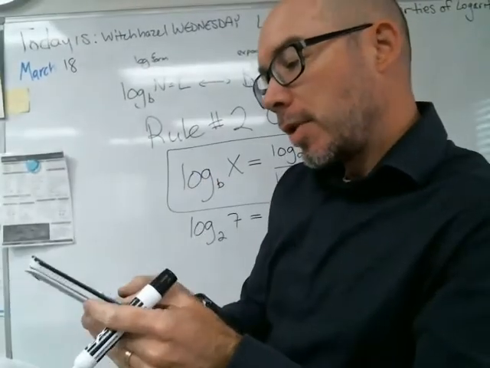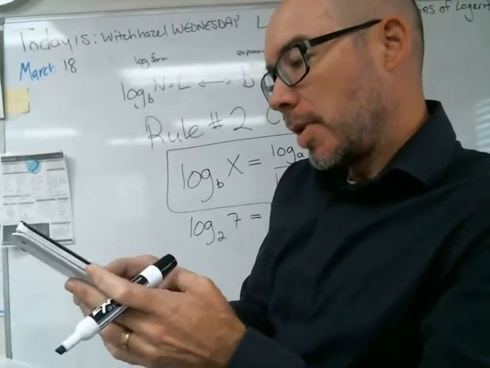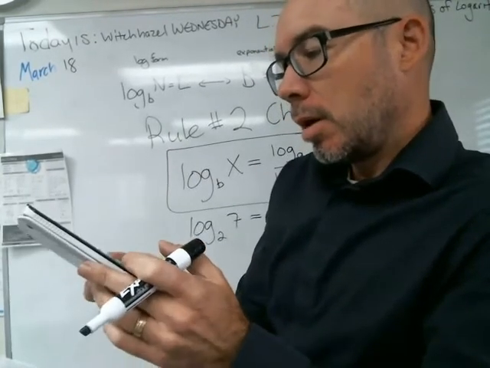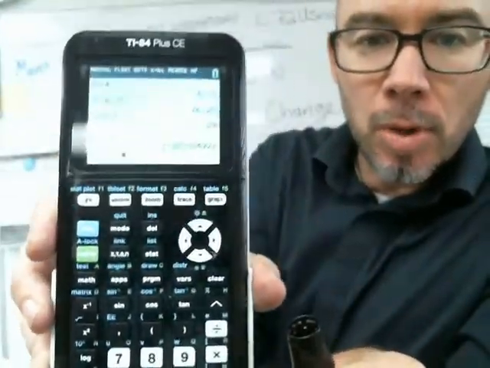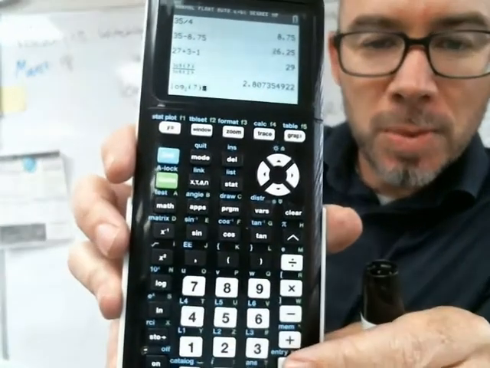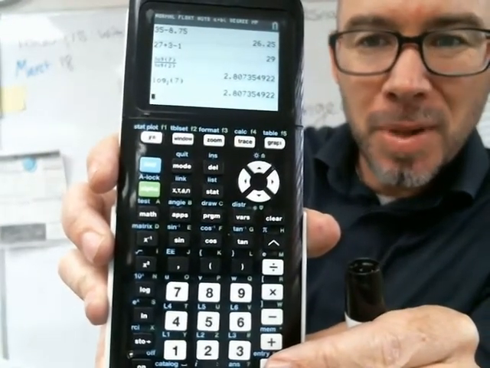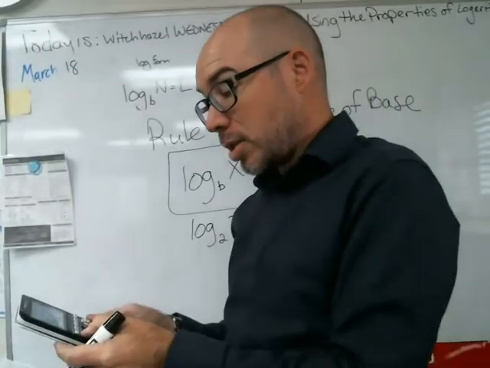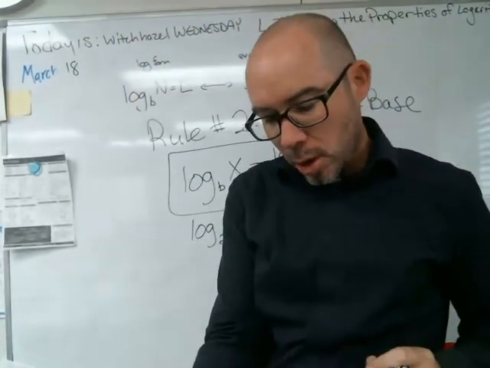Now if we do it the cheater way, which is lame, we type in log base 2 of 7 using the little magic key, then what do we get? Oh, sweet spot. We get the same thing. Because the calculator basically does change of base. That's what its computer program is set up to do.